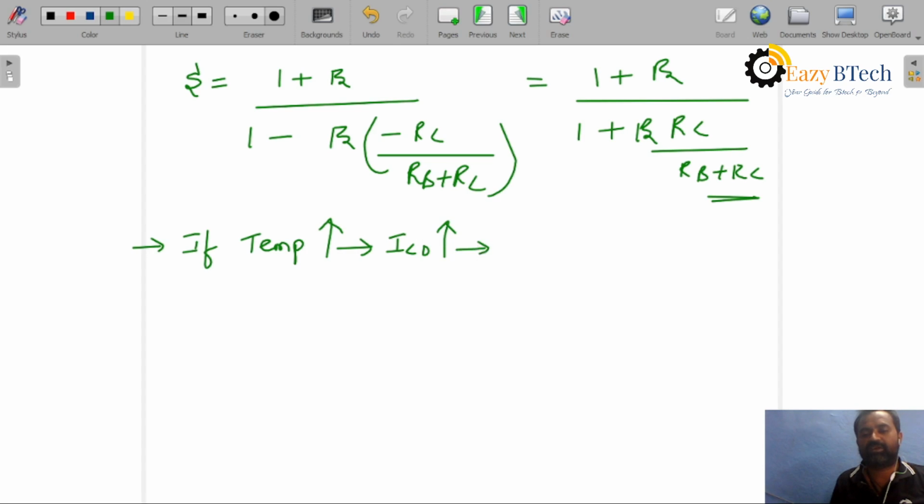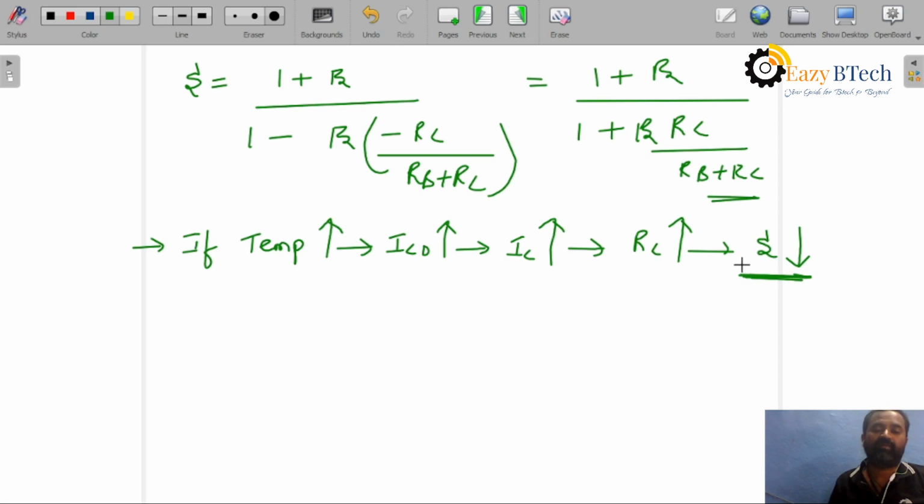As IC naught increases, IC increases. IC increases, RC increases. Now the stability factor is inversely proportional to RC. That is, if RC increases, the stability factor will decrease.